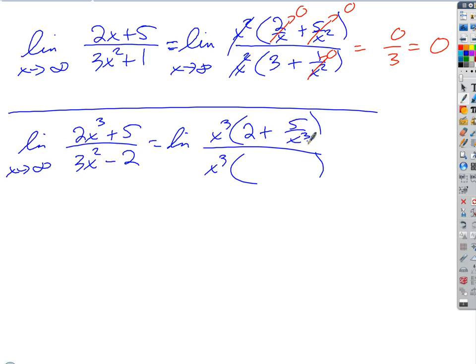On the bottom, 3 over x minus 2 over x cubed. Okay? So then in the limit, as x approaches infinity, those cancel.